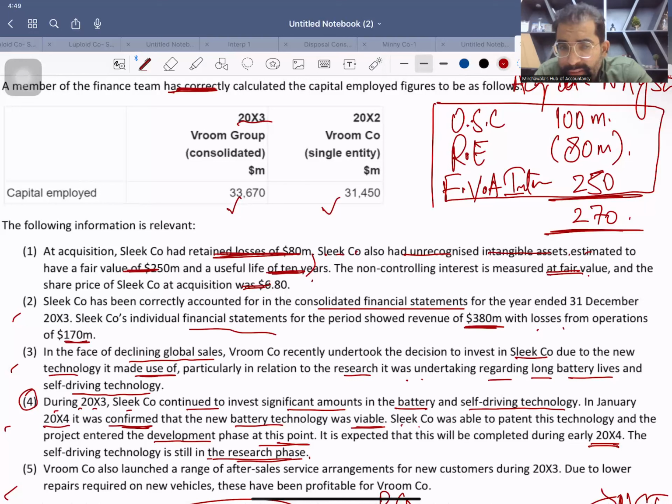So according to this point number 4, it looks like the subsidiary company will meet targets in future, because it is on the right track, going with the flow, going with the latest technology, what the real world demands.